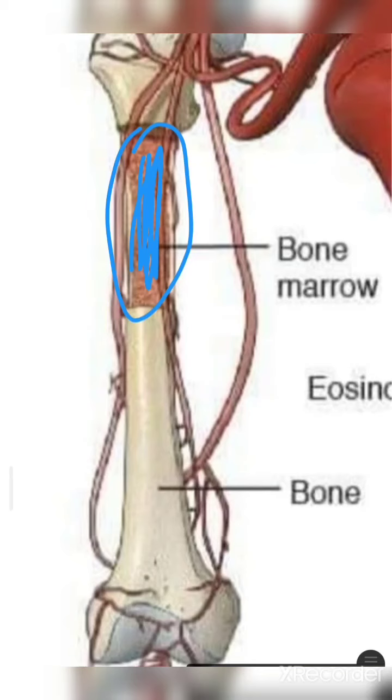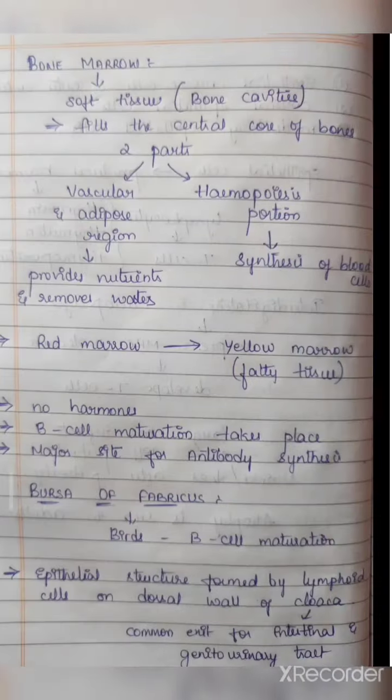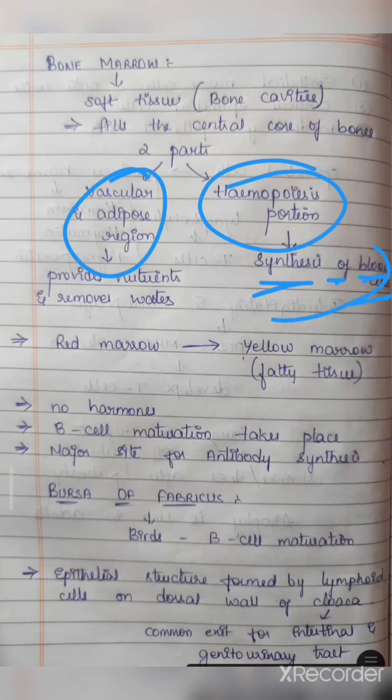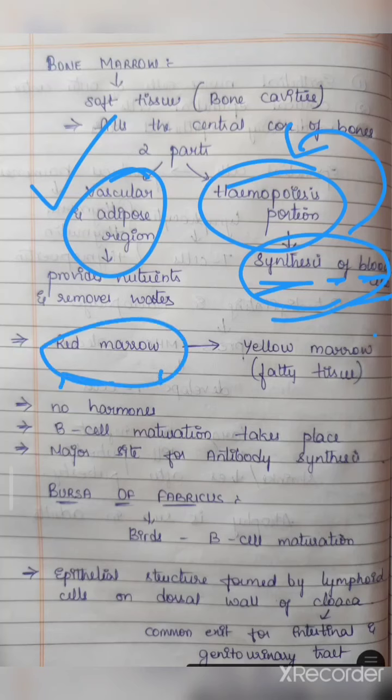It has two parts, mainly the vascular adipose region and the hemopoiesis region. The major function of bone marrow is the synthesis of blood cells. Synthesis of blood cells takes place in the hemopoiesis portion, whereas the supplements necessary for it are present in the vascular and adipose region. Red marrow becomes yellow marrow when there is a deposition of fatty tissue in it.